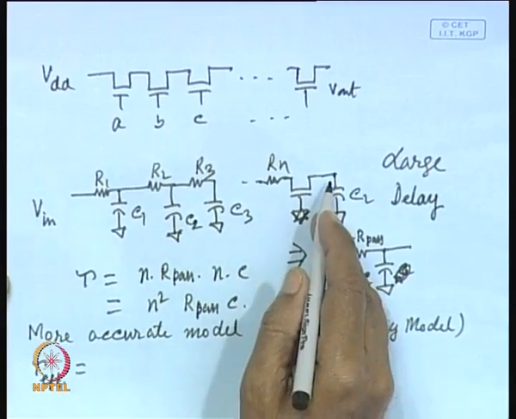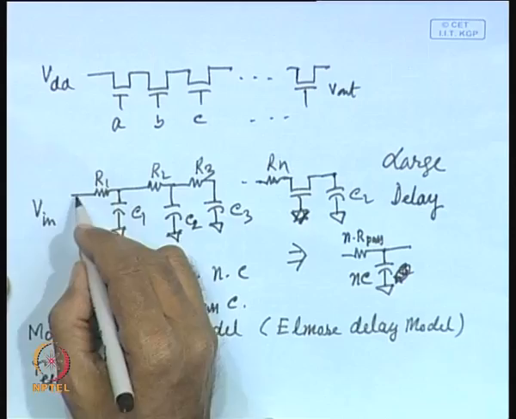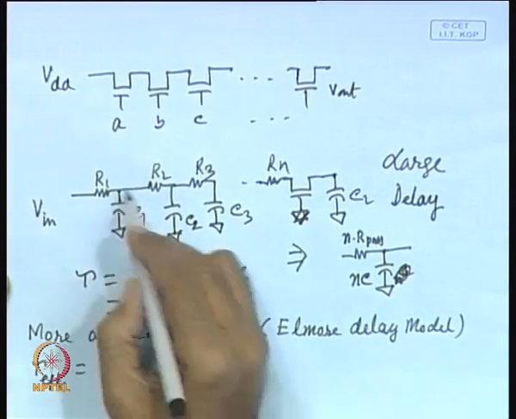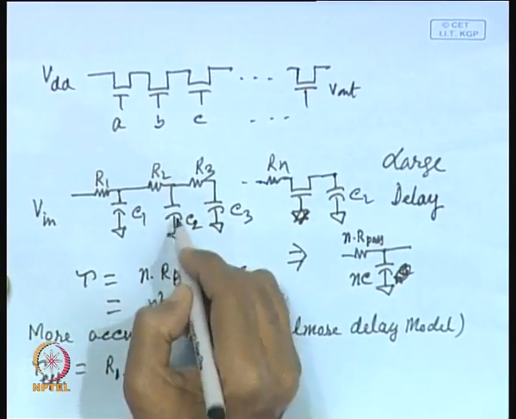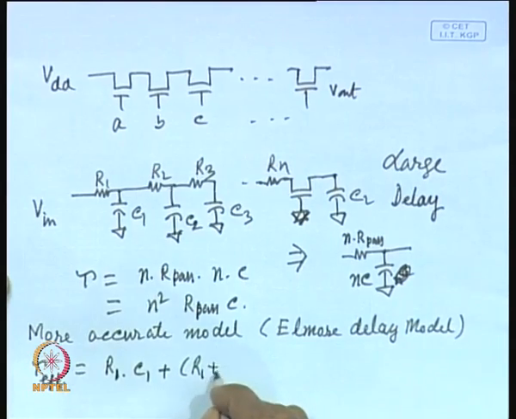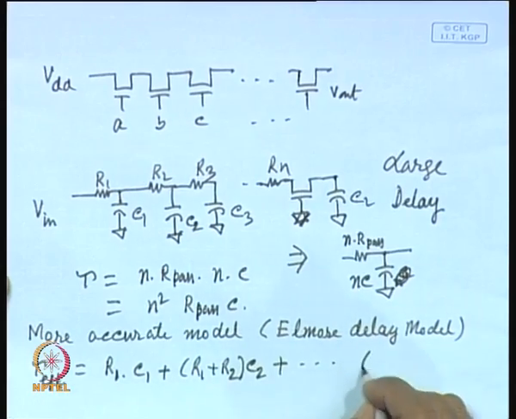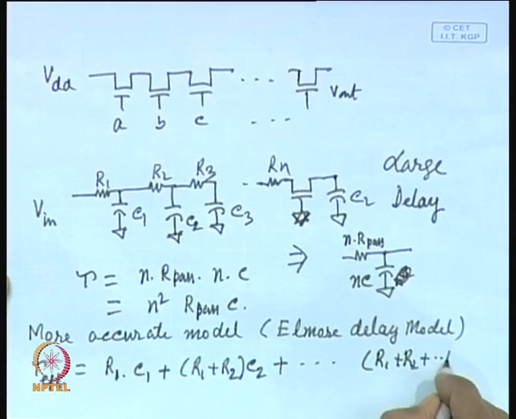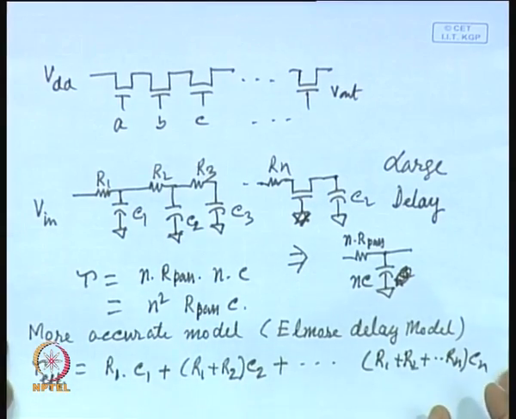Then the time constant will be equal to R1 into C1 plus, these two resistances are in series which is charging or discharging the capacitor, so R1 plus R2 into C2 plus, in this way, R1 plus R2 and so on up to Rn into Cn.